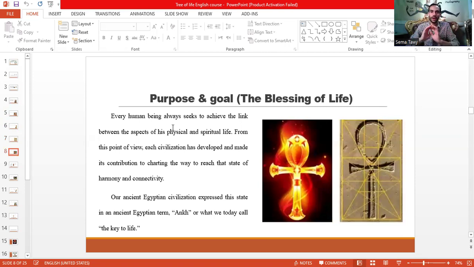This is the purpose and the goal. All the sages, philosophers, and healers in ancient Egypt had one goal when they made the Tree of Life, the path of the Tree of Life. What is this goal? Blessing of life.